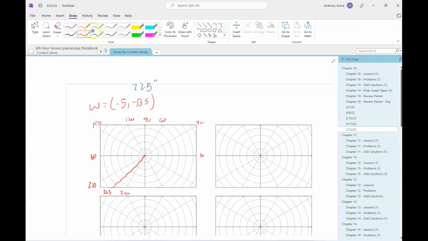But it's -5, so I know I'm really going to be flipping over to that side. And then I just count 5 circles: 1, 2, 3, 4, 5. So there's my W. If it was positive, it would go in the same direction as the angle.